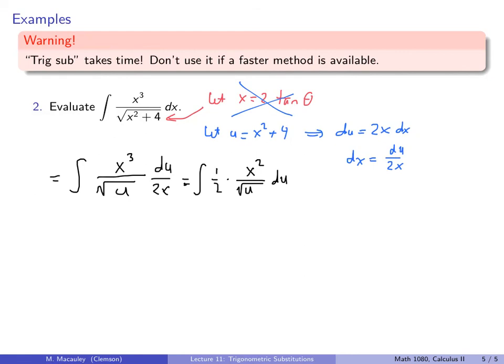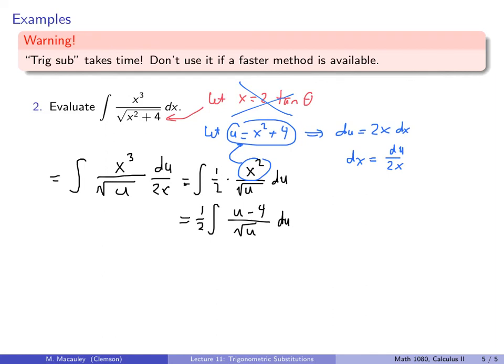It does work. So x squared, we can write that in terms of u. We can write this as 1/2 times the integral of u minus 4 times square root of u du.